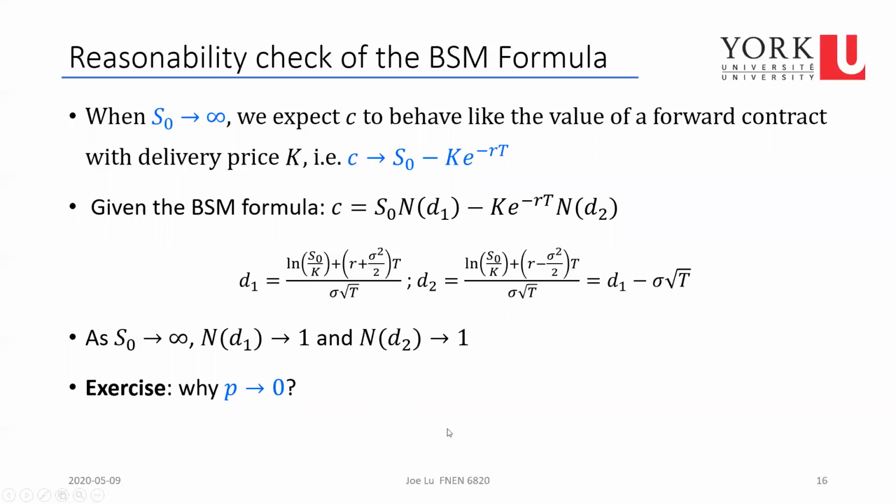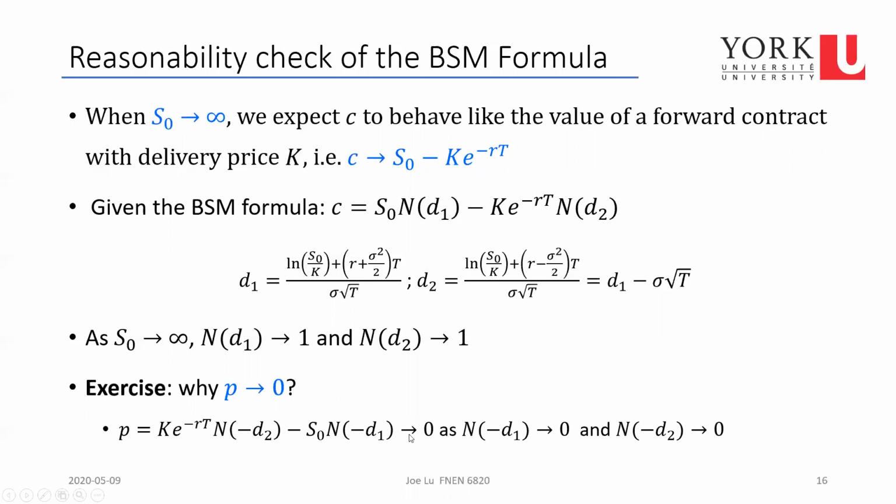And for the put, you will see that this is minus D2 and minus D1. So D1 is approaching infinity, minus D1 is approaching negative infinity, right? So both D1 and D2 are approaching infinity, minus D1 and minus D2 approaching negative infinity.